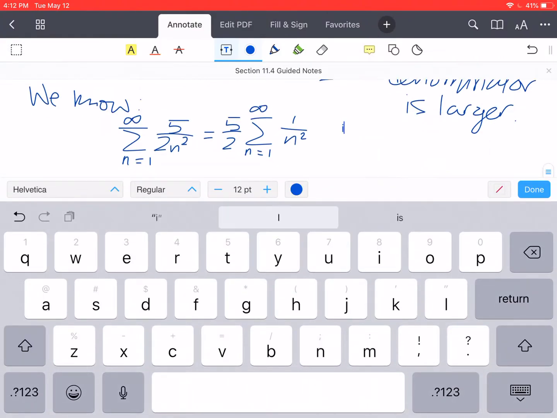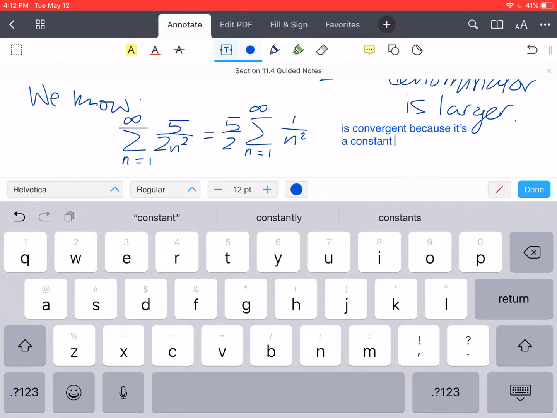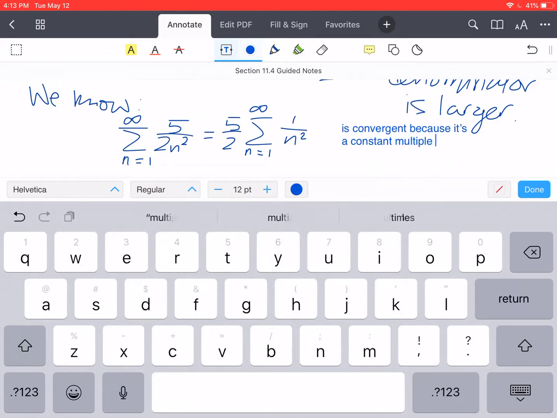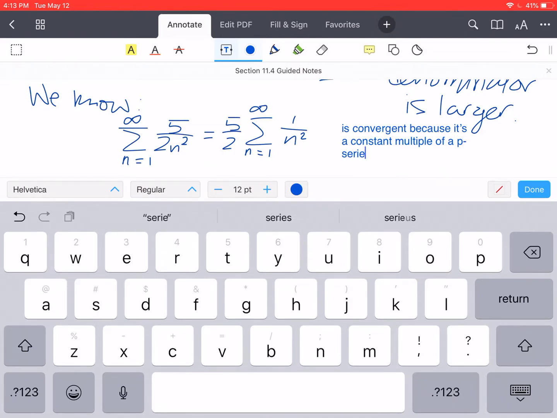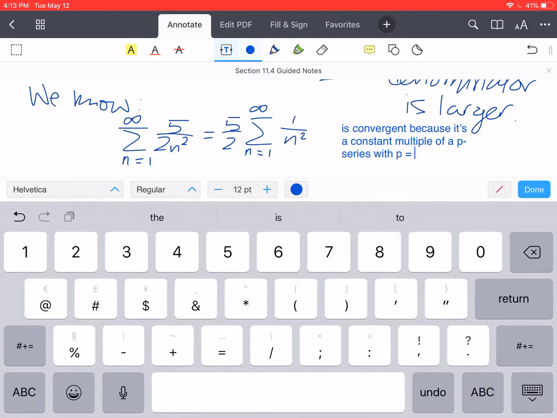So we know this is convergent because it's a constant multiple of a p-series with p equals 2, which of course is greater than 1.